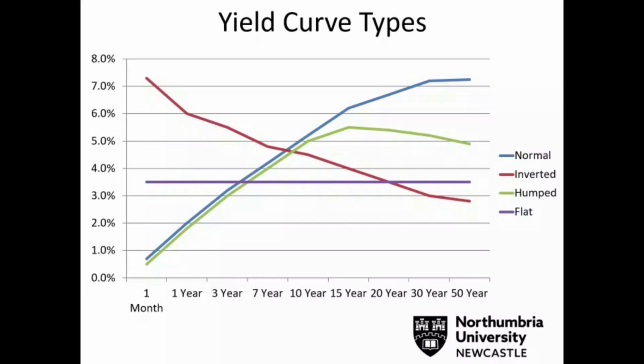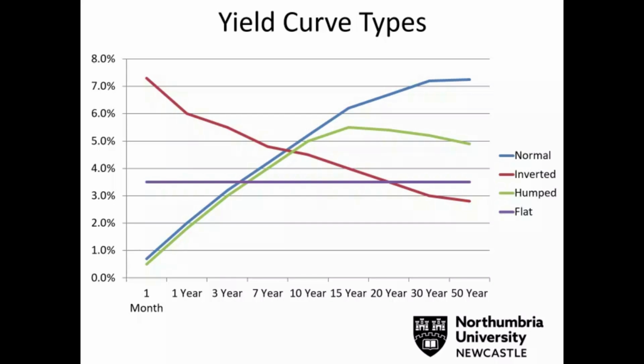Now, there are various different types of yield curves in forms of shape. Traditionally, we discuss in textbooks the likes of the normal yield curve. In times of growth, you'd expect longer-term debt to be more expensive than shorter-term debt. So in positive times and growth periods, you'd expect the yield curve to be normal and curve upwards. But then it can go to humped.